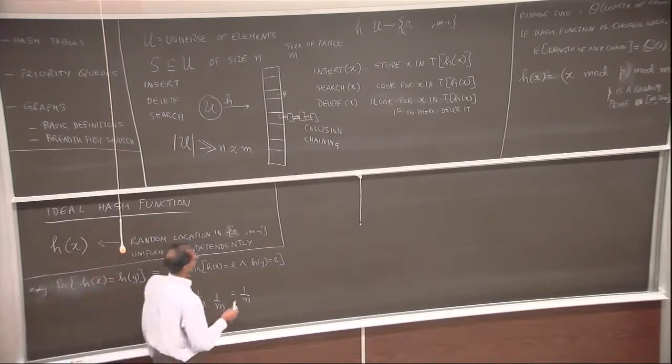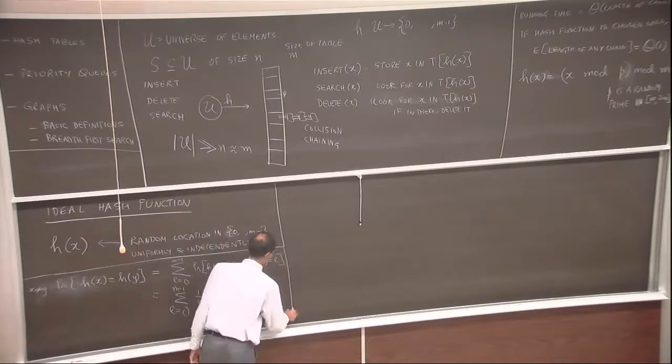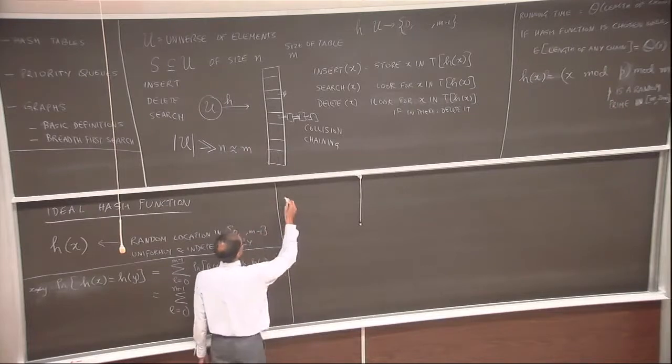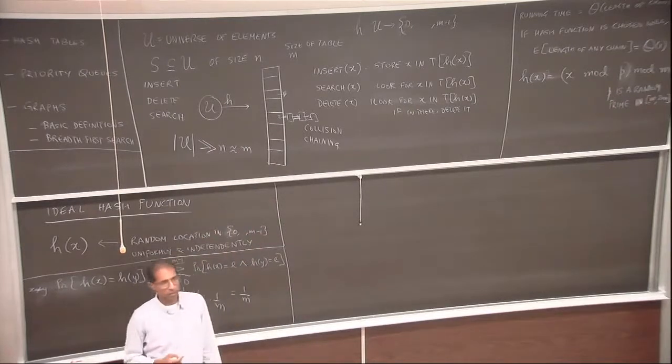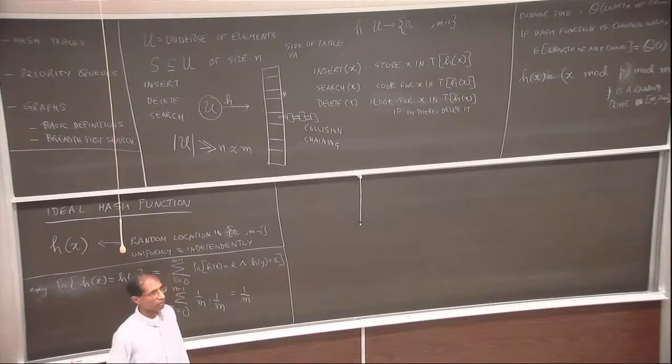Now, what is the probability that there is a collision at a particular location? We can pick a particular location and find out what is the probability that there is a collision at a particular location, or what is the expected number of elements that map to a particular location. We can calculate that too. So that's the probability of collision.